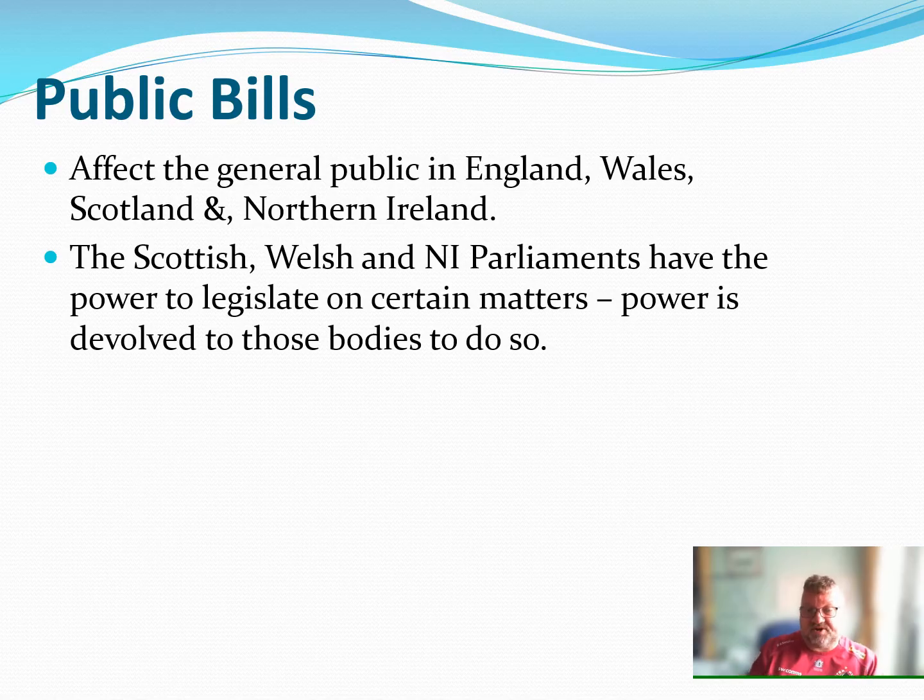So in certain things, Scotland has the power to make laws that just affect Scotland, Northern Ireland just Northern Ireland, and Wales just Wales. But ultimately, if a law is for the whole of the UK, it's all members of the UK that it affects.